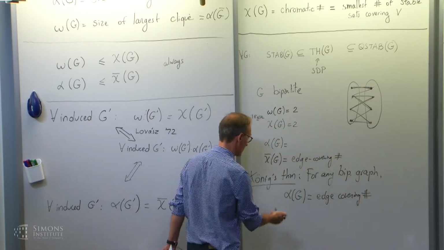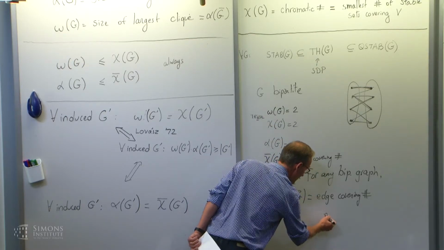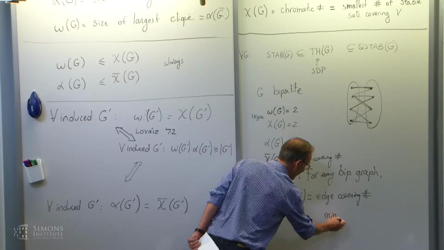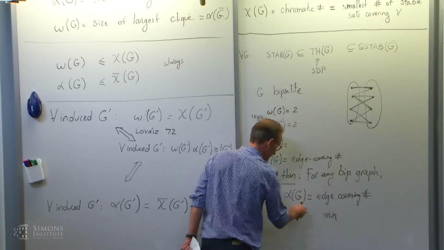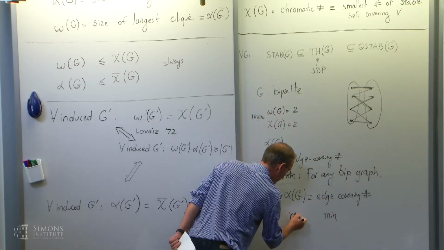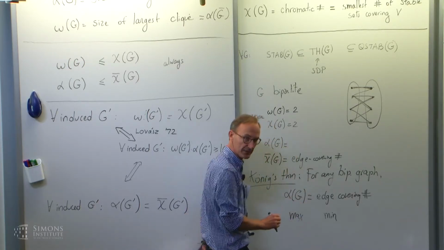So that's a typical min-max relation. This is the minimum number of edges required to cover all the vertices. That's a maximization problem, maximizing the size of the largest stable set.